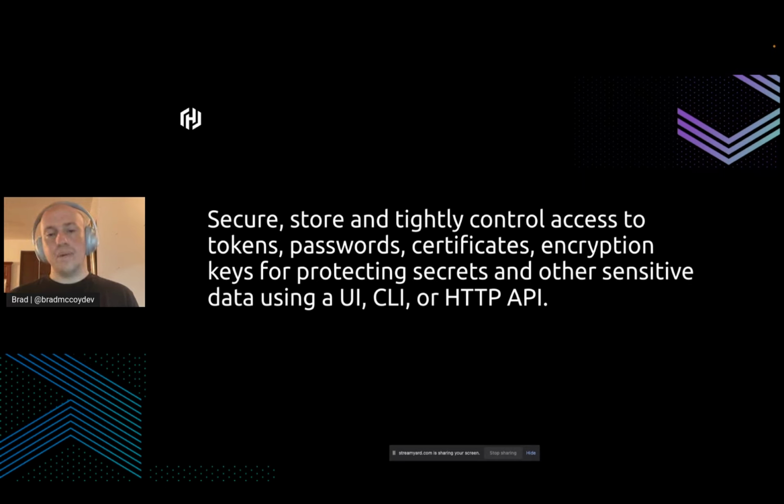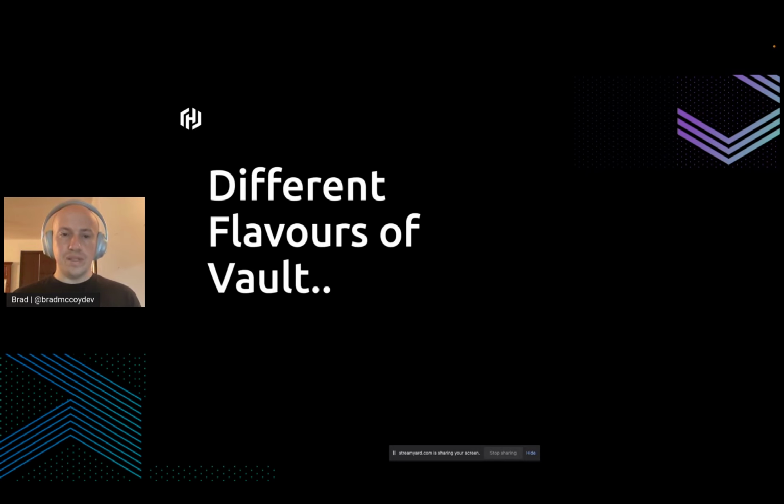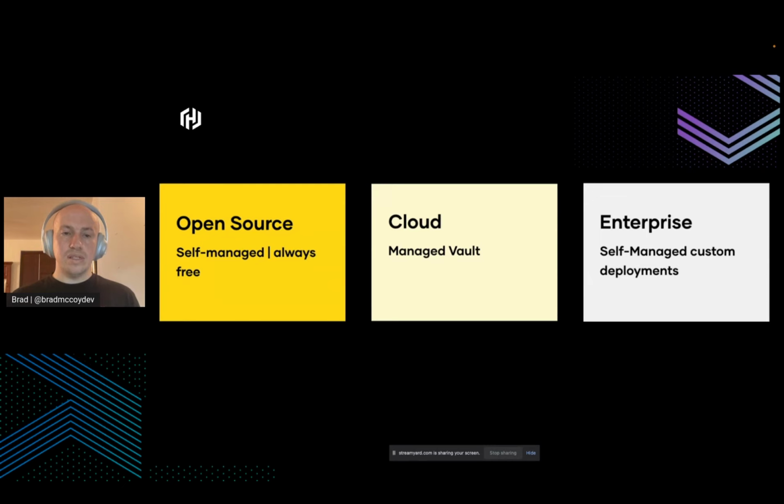We'll go over some other things as well, but the different flavors of Vault: you can have the open source flavor, so you can pretty much deploy it anywhere that you want. I personally play around with this on Kubernetes, which I enjoy. Starting off, you can just use the CLI and have it working locally, which is a good way that I'll show you today.